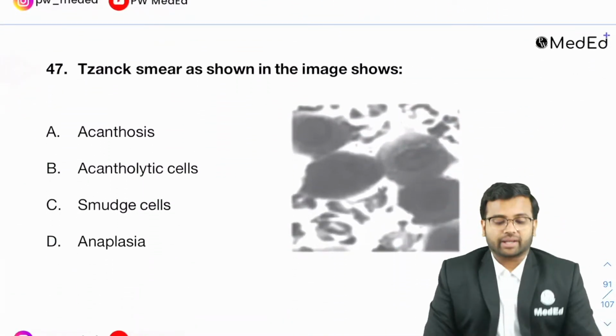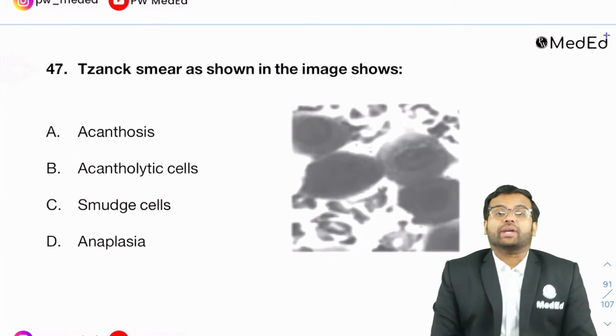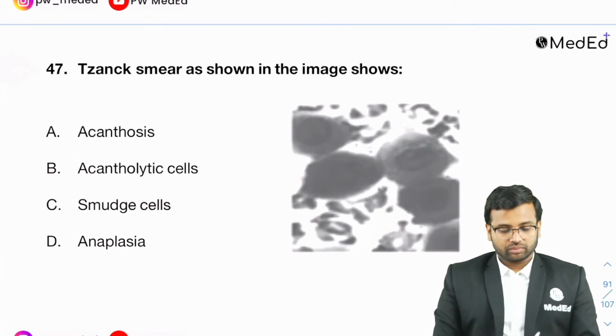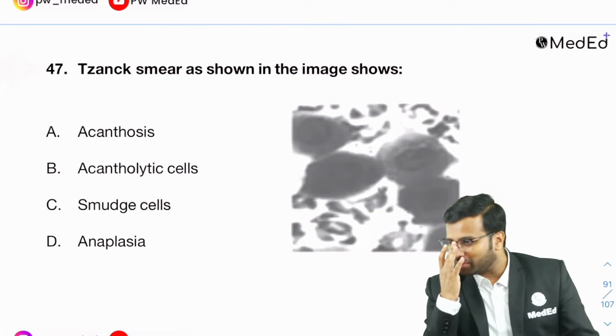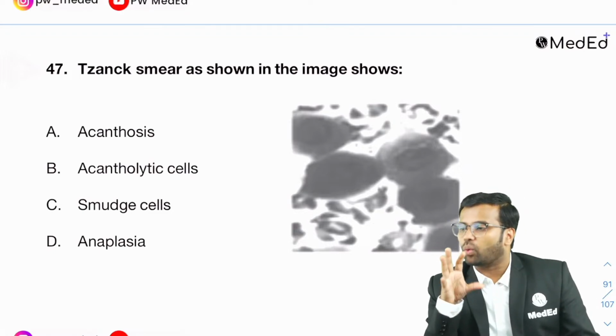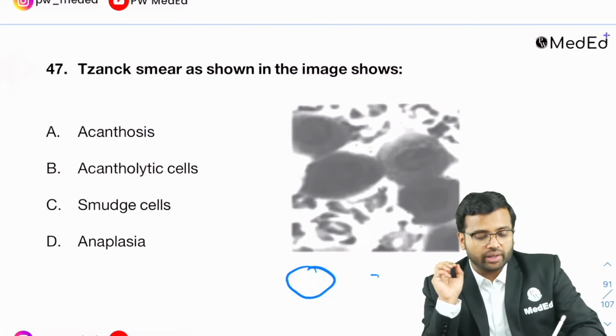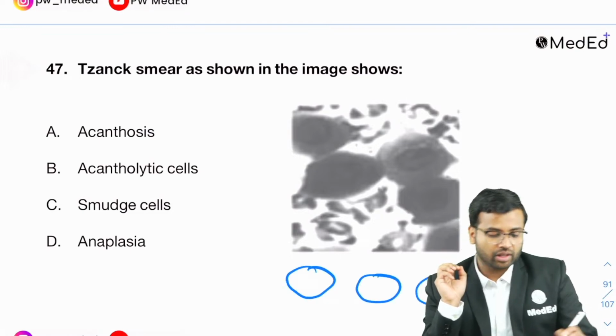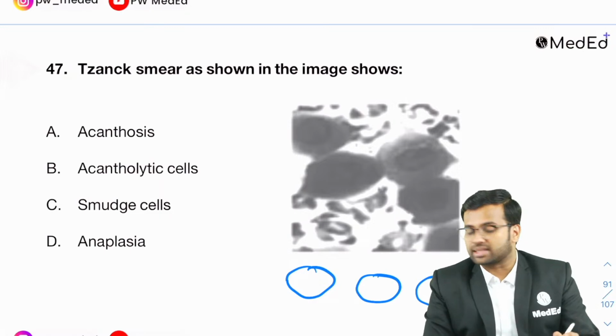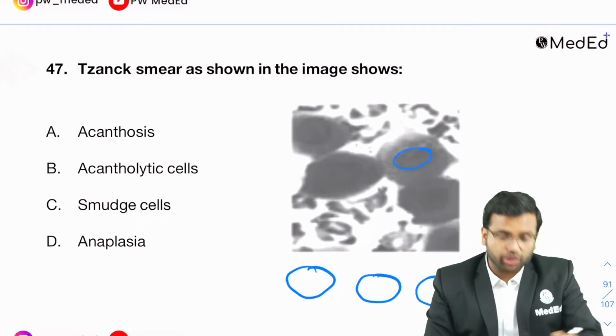So Sang smear as shown in this image shows. Now it's a black and white image that you can see. What you can see in this image is rounded cells, correct? So you can see some rounded cells with a large nucleus.